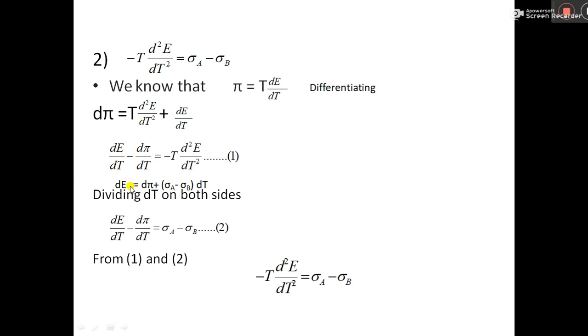So dE equals d pi plus sigma A minus sigma B into dt. We know this relation.